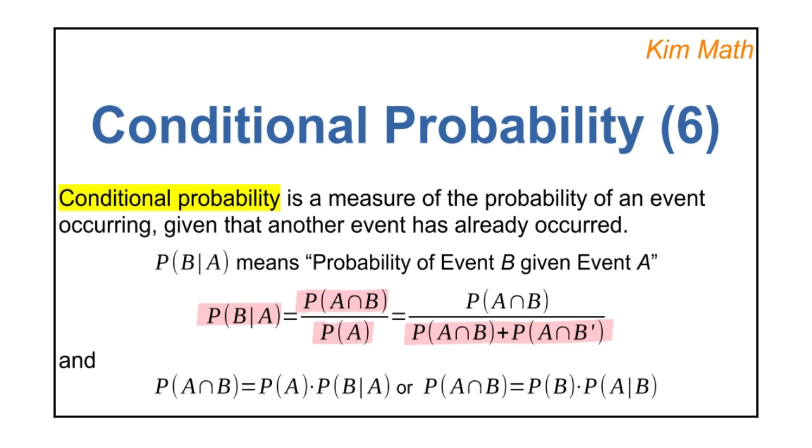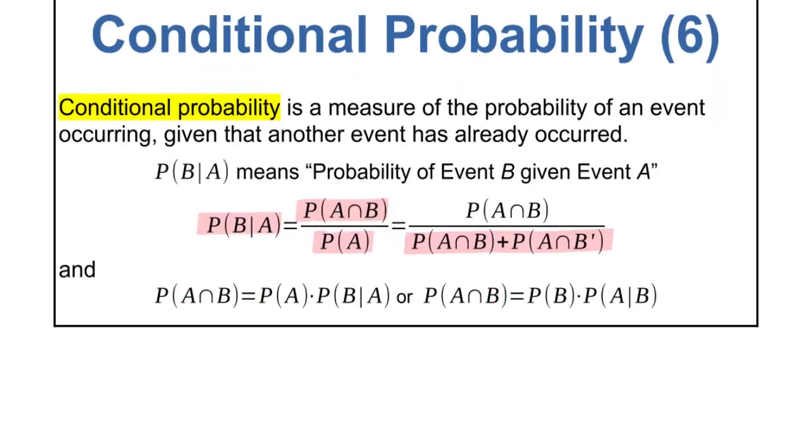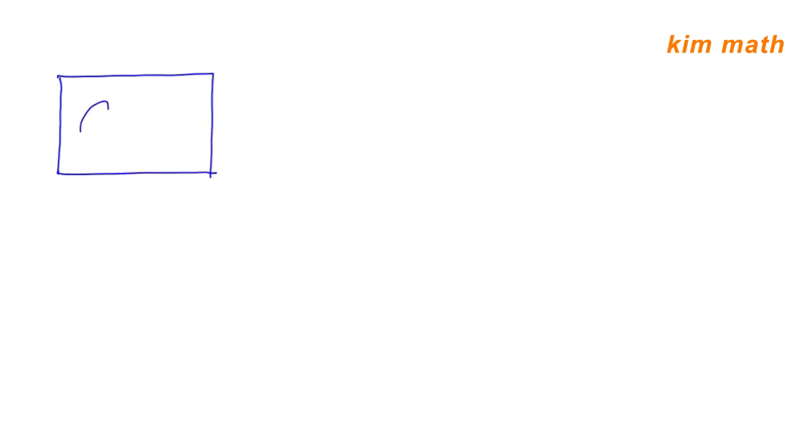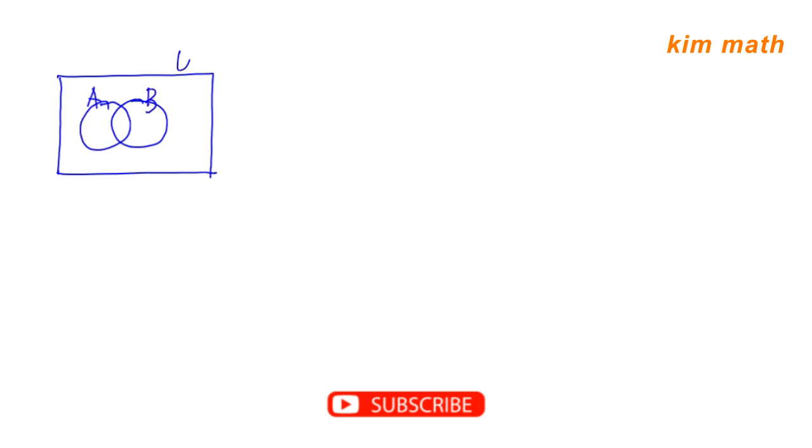Okay, so before solving our regular question, let me give you a very simple diagram. Now, if you have two events A and B, and this is the total one, let me fill out some numbers here.